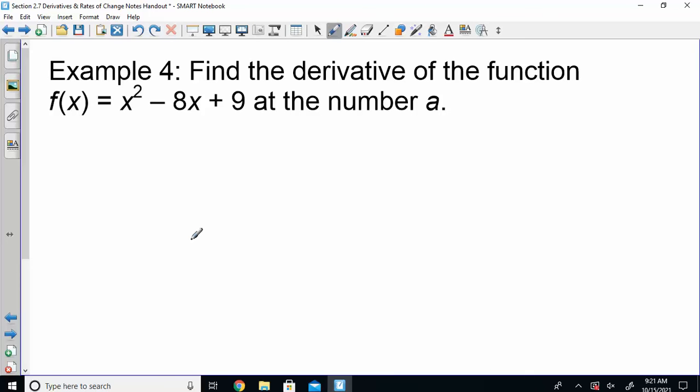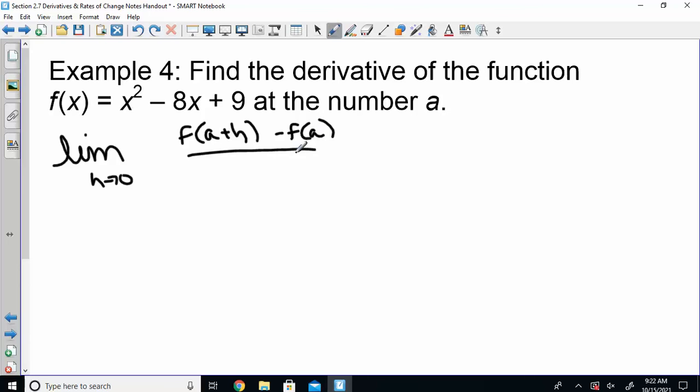So I want to find the derivative of this function at a number a. All right, so I didn't tell you what a was. That means we're essentially finding a formula for the derivative. So derivative is the limit, let's just use the first definition, as h approaches 0 of f of a plus h minus f of a all over h.